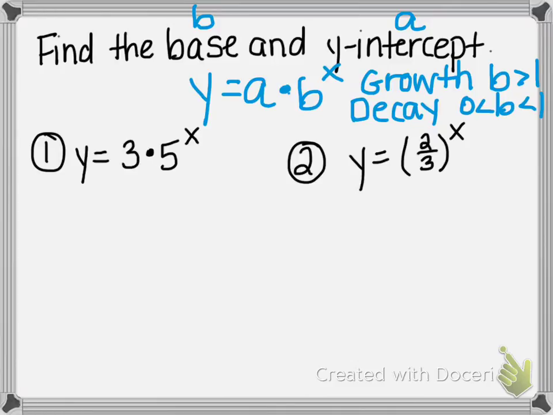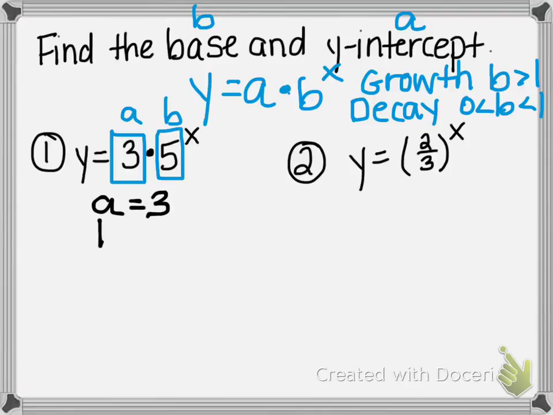Okay? So when I look at number 1, it's in the format of an exponential because the x, or the variable, any variable, is in the exponent. And this is going to be my a value. This is my b value. So if I ask you to identify those pieces, you simply need to tell me that a equals 3 and b equals 5.